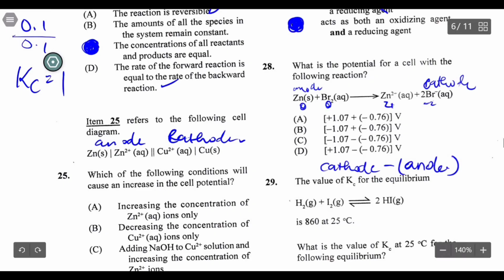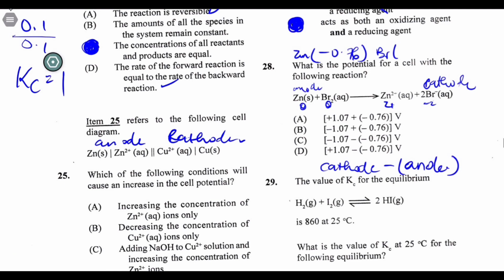For zinc, the E0 value is -0.76, and for bromine, it is positive 1.07. So you want to put the numbers in the equation as is.